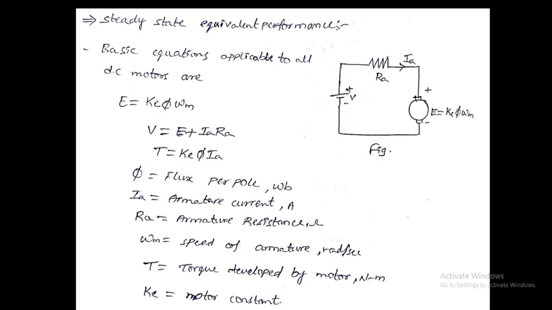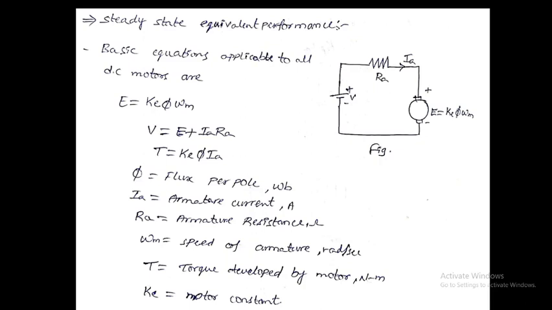Whereas if you apply KVL to that figure, then V is equal to E plus Ia into Ra. Ia is the armature current, Ra is the armature resistance. The drop across the armature resistance is Ia into Ra. E is the back EMF, V is the supply voltage. So V is equal to E plus IaRa.